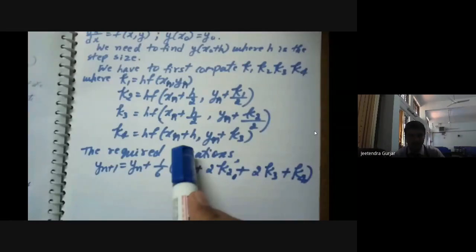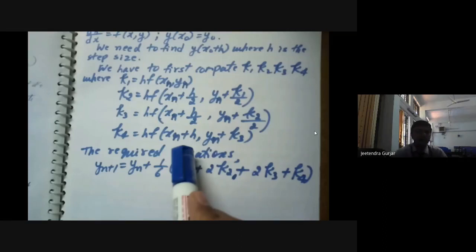In k4 we don't have h upon 2; you may rewrite it correctly. yn plus k3. Here also k3, there is no division by 2. So k4 is a different formula: k4 is equal to h f of xn plus h, comma yn plus k3.